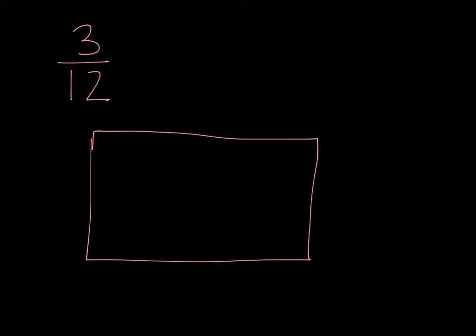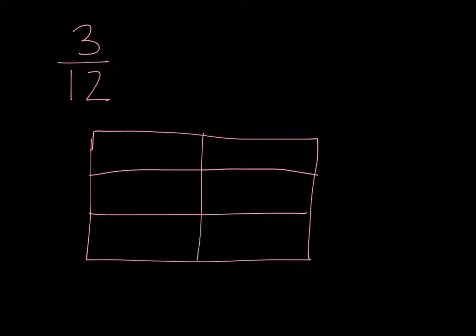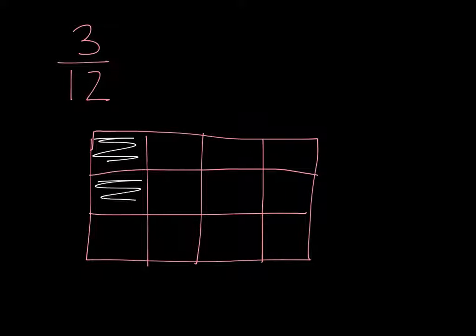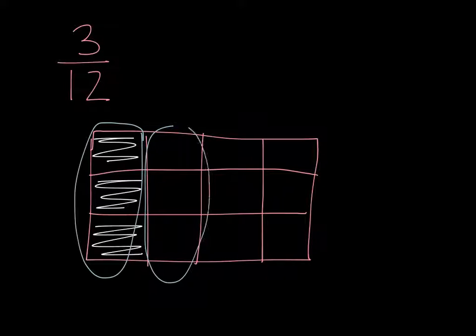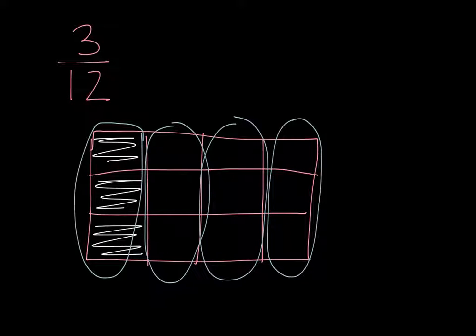Now I'm going to take another fraction, 3/12. I'm going to draw an area model. I'm going to do this 3 by 4. So I have a total of 12 equal boxes, and I have 3 of them shaded. I want to think about the number of equal groups that I can make. I can make this an equal group, this an equal group, this an equal group, and this an equal group.